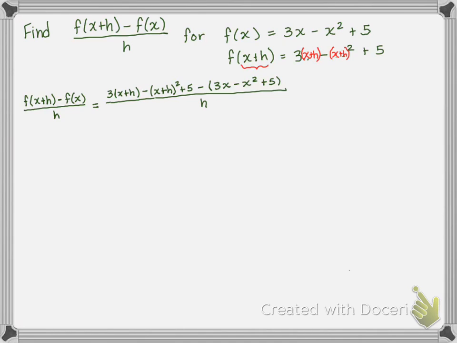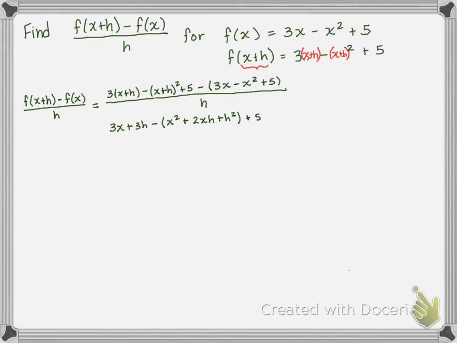So we'll distribute our 3. We get 3x plus 3h minus, and we have to multiply x plus h times x plus h. This is something that you'll end up memorizing because you do it a bunch of times over and over again. But x plus h times x plus h is equal to x squared plus 2xh plus h squared.